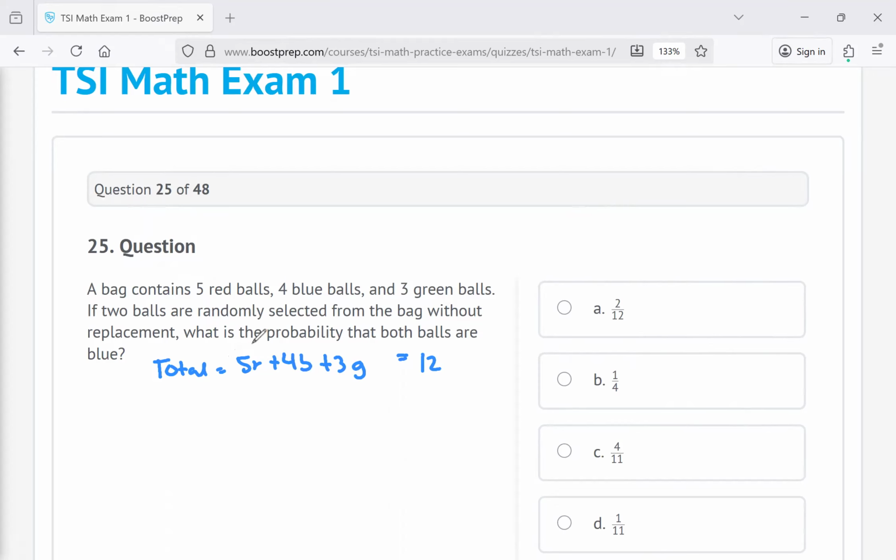So let's figure out the probability before we removed the balls. What is the probability that our ball is blue? There were originally four blue, so it's 4 out of 12.